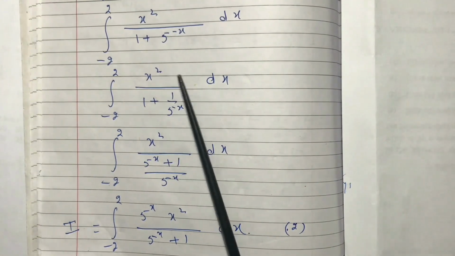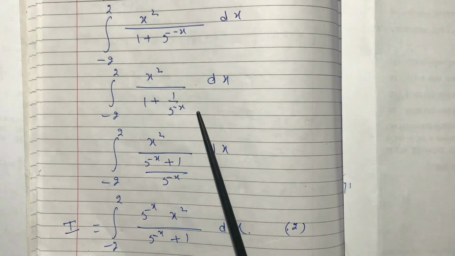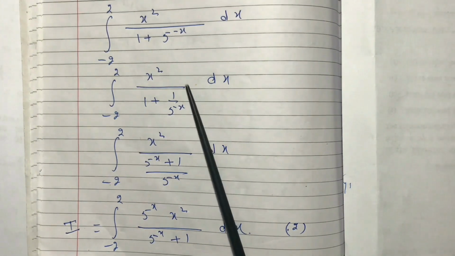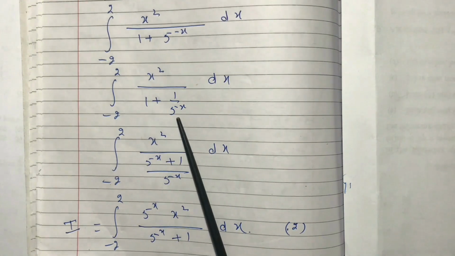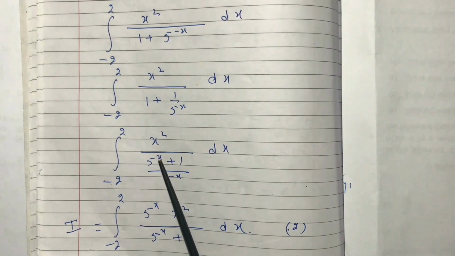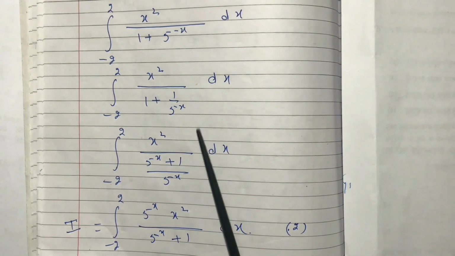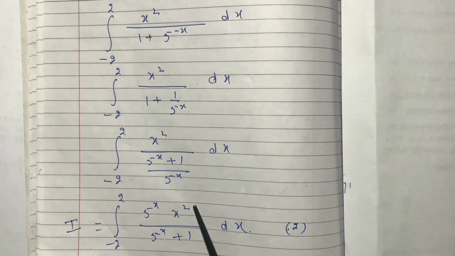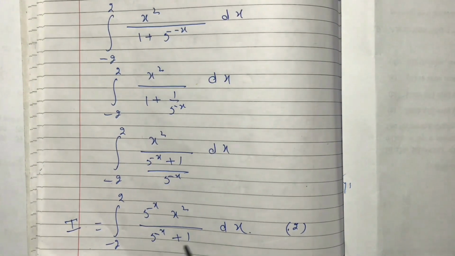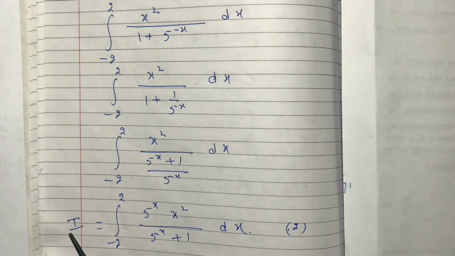So this is equal to x square upon 1 plus 1 upon 5 to the power x. And this whole thing can be written as, if I take the LCM here, 5 to the power x times x square upon 5 to the power x plus 1. And this is equal to I.